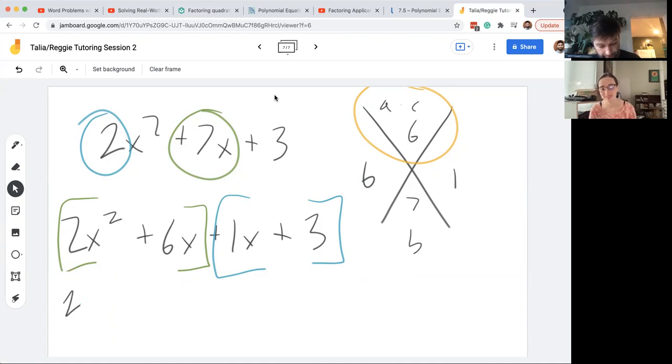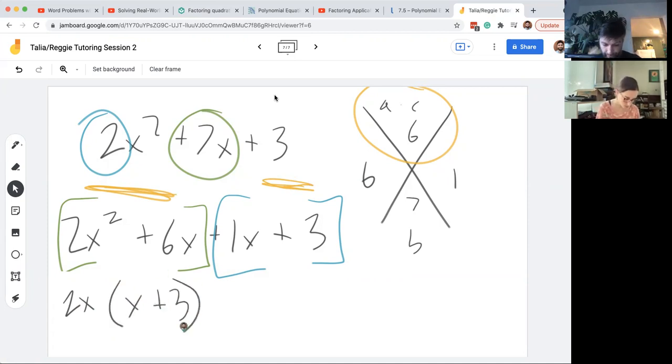So what you're going to find when you're factoring by grouping is this left side is always going to have a coefficient and a variable, and this right side is not, because the right side is going to have c in it, which didn't have a variable. So we're going to get 2x times x plus 3, plus 1x plus 3.